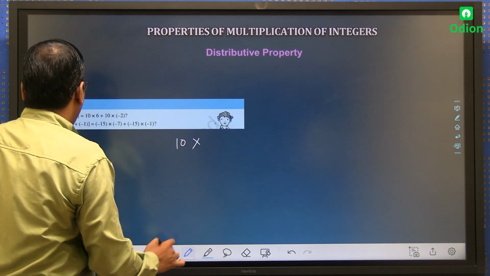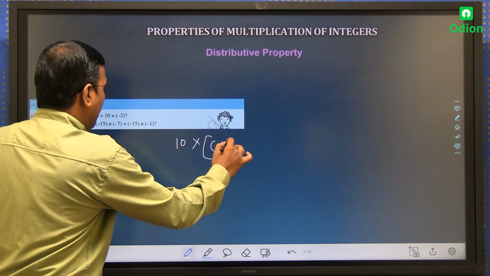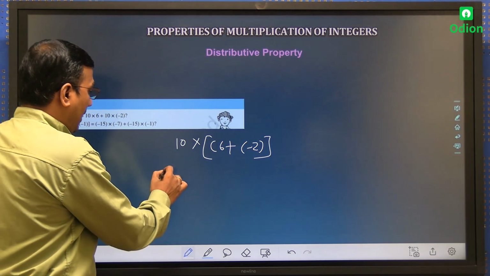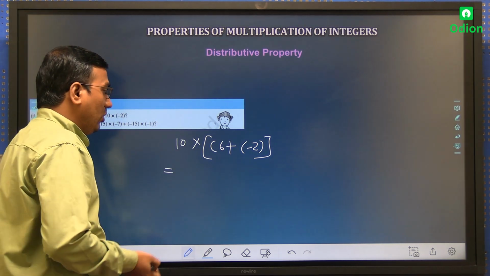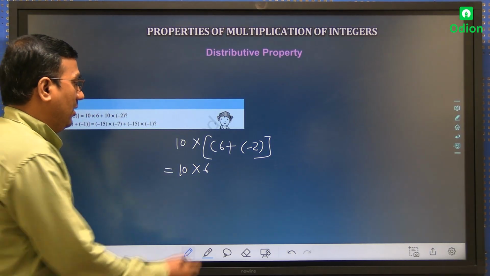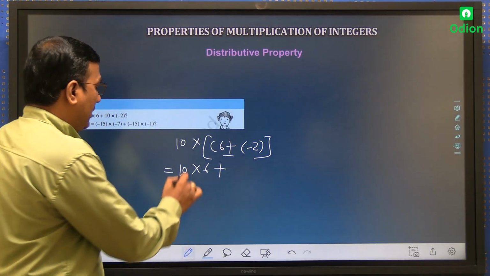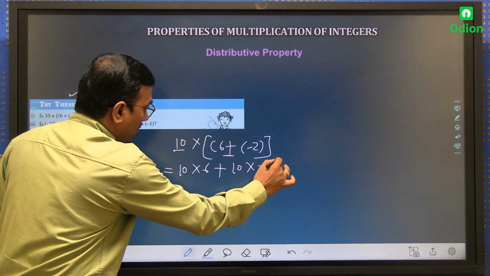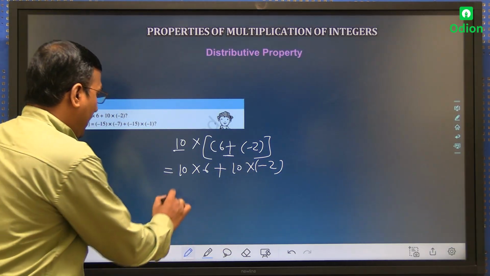According to your distributive property, what do I have to write over here? 10 into 6. Here there is a plus, so I have to put a plus mark. Then I have to multiply 10 with minus 2. Here we have to give a bracket because this is in a negative symbol.